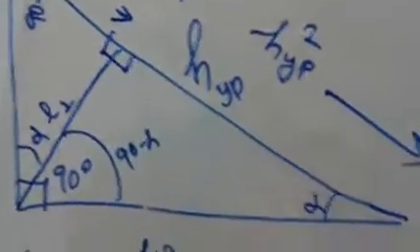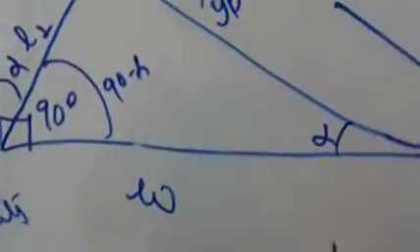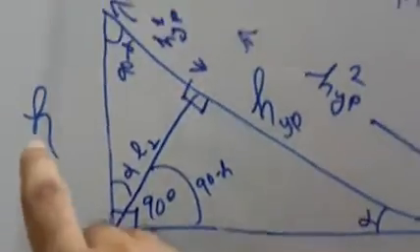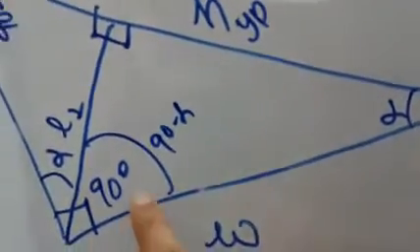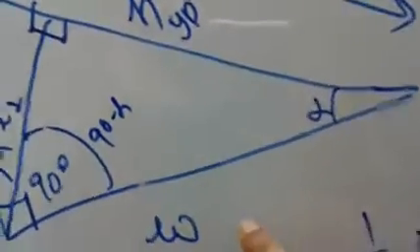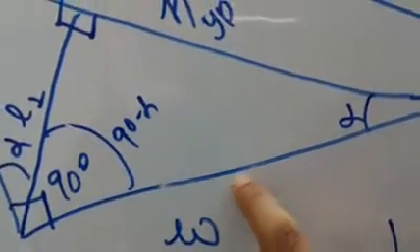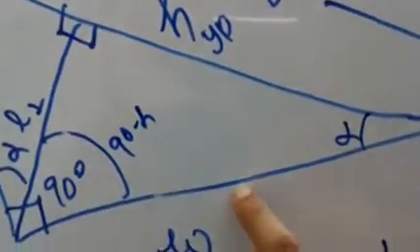We want another independent measure of sine of alpha which does not involve the term H. So how can we do that? Now don't look at the whole triangle, just look at this triangle. Now what is sine of alpha? It is equal to this by this. So now this is the hypotenuse of that triangle. So sine of alpha equals L perpendicular by W. So that's exactly what we wrote here.